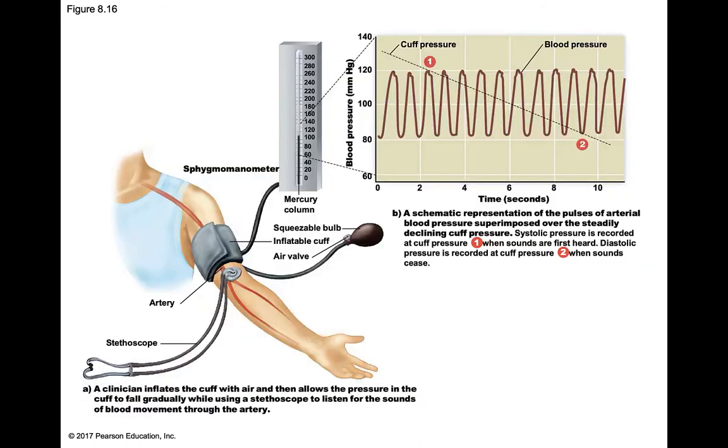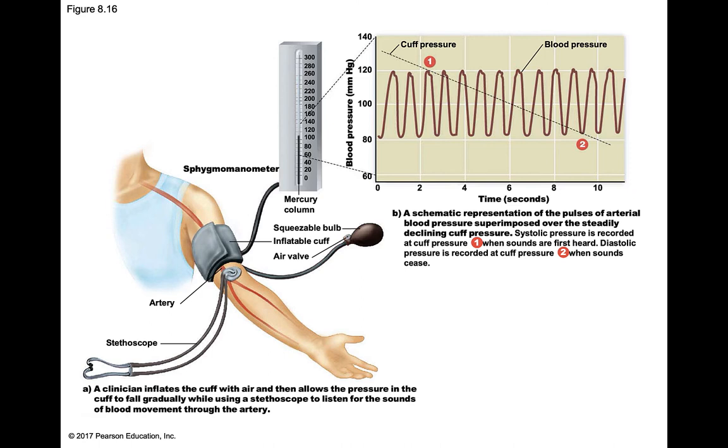Now, this is the technique that's used. With the combination of the blood pressure cuff, or sphygmomanometer, and the stethoscope, the clinician is actually listening for certain sounds. Those sounds are called Korotkoff sounds. Systolic blood pressure is recorded as you're releasing the pressure in the cuff and you first hear a tapping sound.